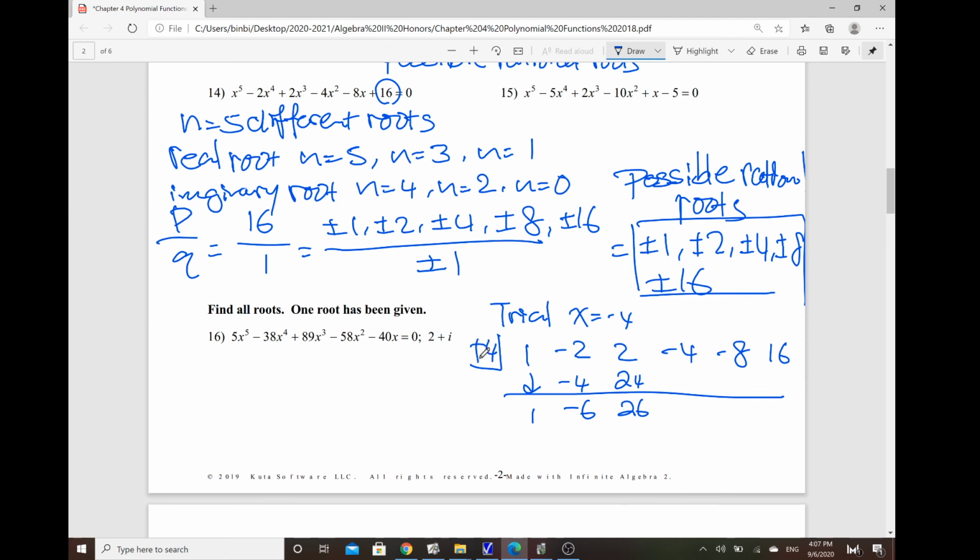But what about positive 4? Okay, let's try positive 4 and see what happens. So 1 times 4, that's 4. Again, we just want to get some small number first. If the number is getting bigger or extremely small, that means the remainder cannot be 0.